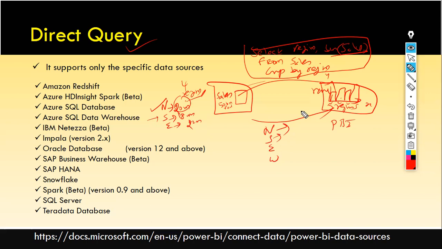The north region, let's say, made 102K in sales revenue, here 208K, the east region 198K, and the west region 65K, about $95,000 US dollars.